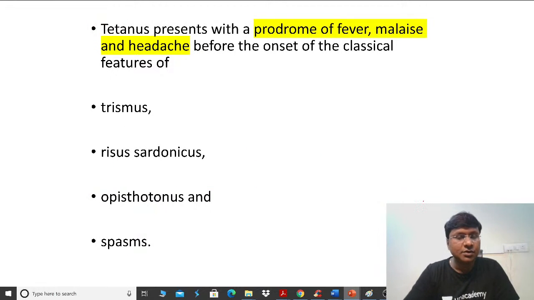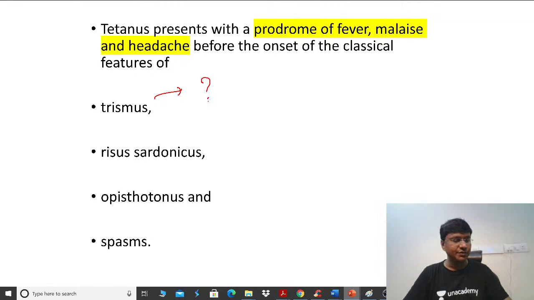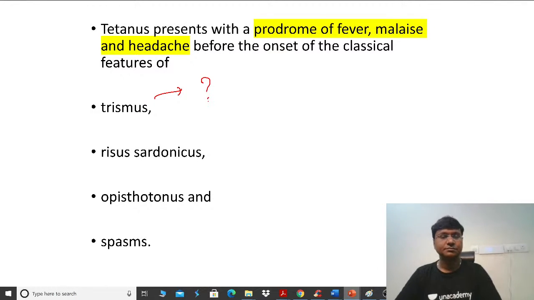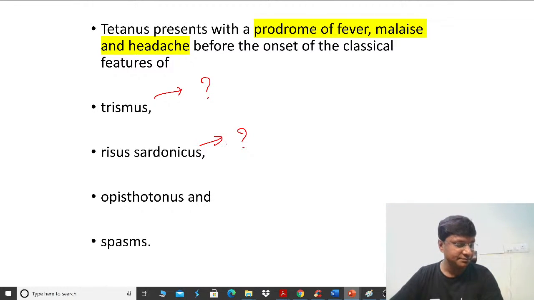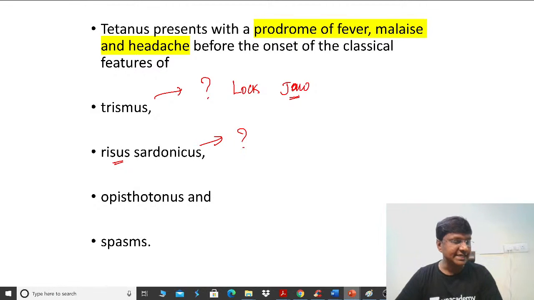Next, what is trismus? Trismus is lockjaw. And what is risus sardonicus? Risus sardonicus is where there will be an abnormal facial expression whenever the individual smiles.